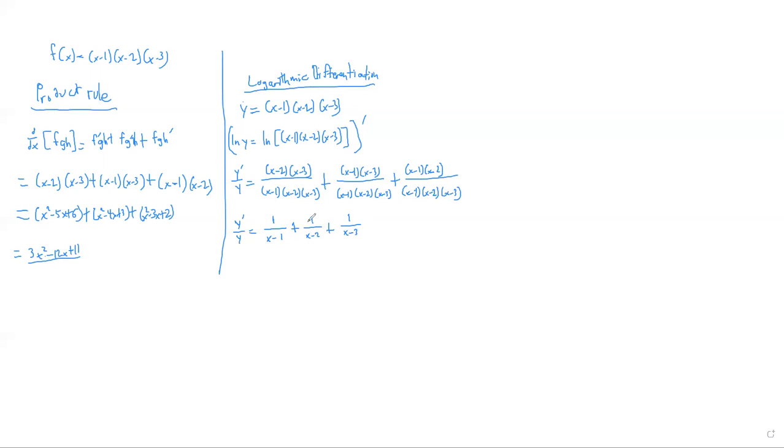All right, and then we multiply both sides by y, so y prime is equal to all this times y, and y is x minus 1, 2, and 3, right?